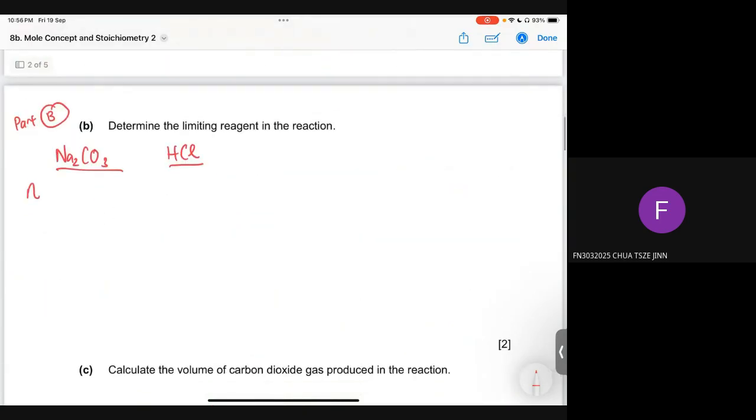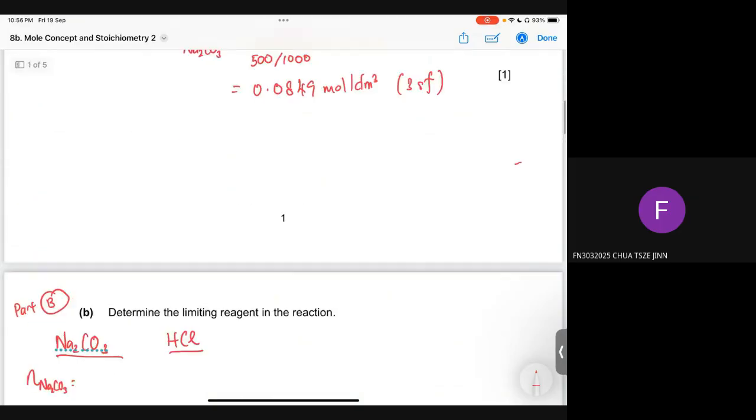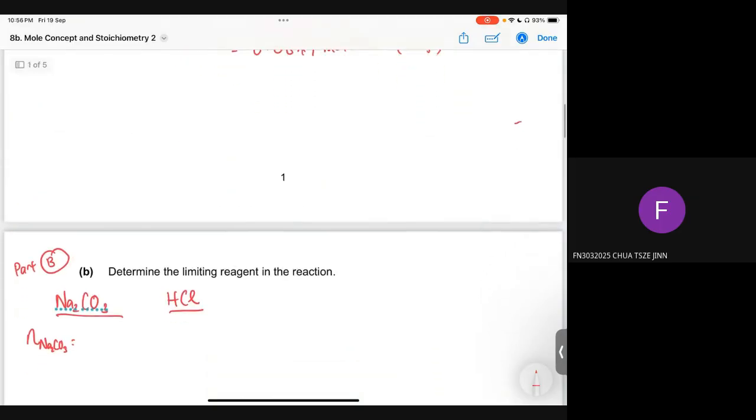To find the number of moles of sodium carbonate, I will use the concentration which I've calculated above, which is 0.0849.